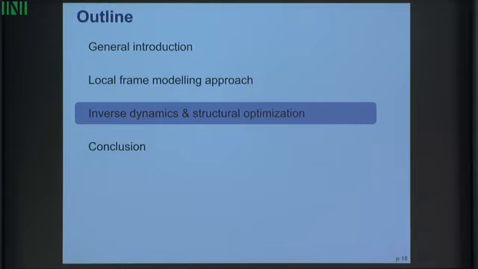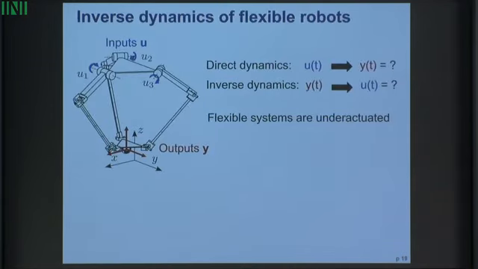And then I will illustrate that we can solve also problems in robotics that would be very hard to solve using standard techniques. I will address inverse dynamics problems and structural optimization very briefly, just to show you what we can do. So here it's a problem where we want to control the motion of this end effector. It's a robot which is fixed on the top.